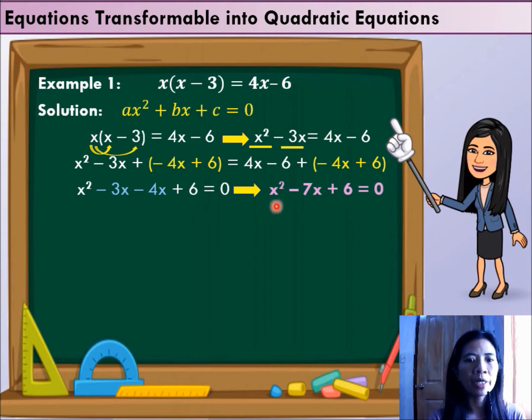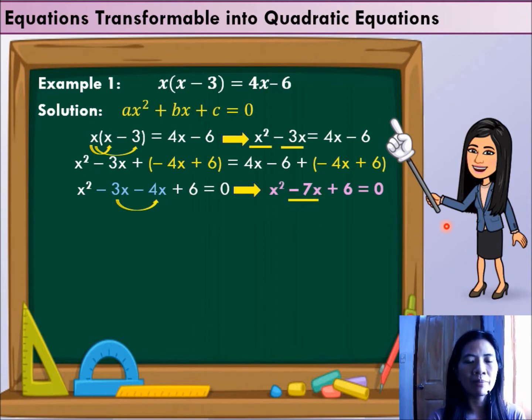Then we are going to simplify the left side of your equation by combining like terms. What are the like terms? We have negative 3x and negative 4x. Like terms have the same variable, which is x. So copy x squared; negative 3x and negative 4x is equal to negative 7x.